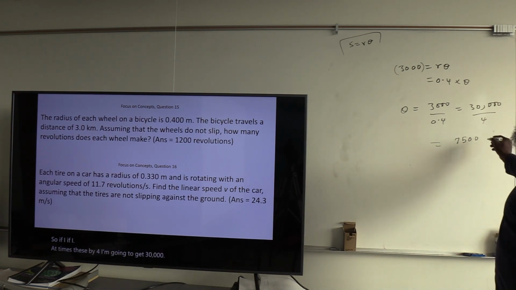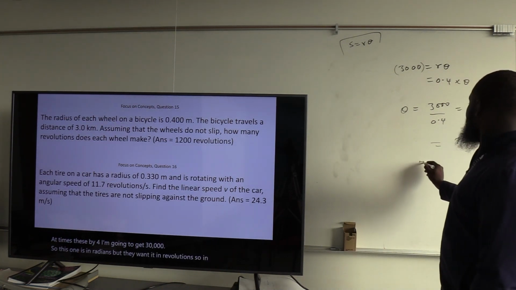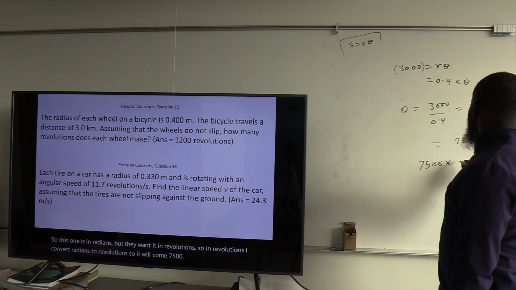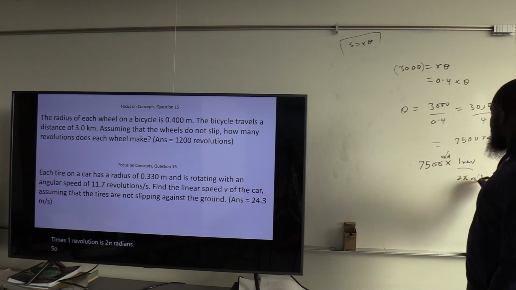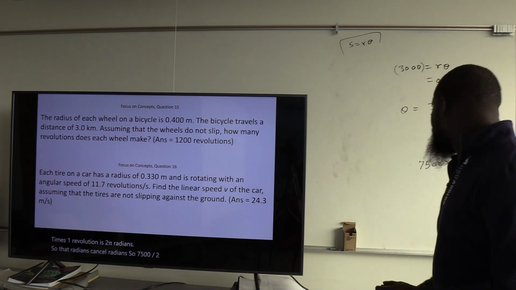So this one is in radians, but they want it in revolutions. So I convert radians to revolutions. It becomes 7,500 times 1 revolution is 2 pi radians. So radians cancel radians. So 7,500 divided by 2 pi will give us the answer.